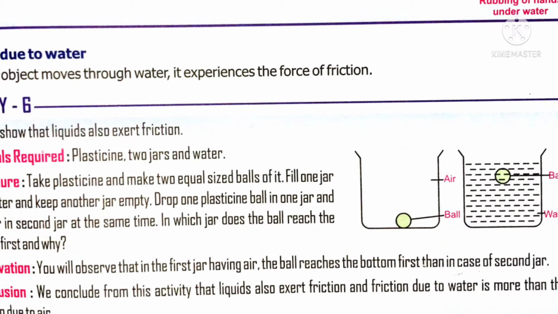Both balls reach the bottom of the container, but the ball put in the jar containing air reaches the bottom first, because air exerts very little friction, so it falls to the base easily. Whereas in the water container, water exerts more friction than air. You know that friction does not stop a moving object, but it slows down the process. So here the ball reaches the base of the container very slowly.